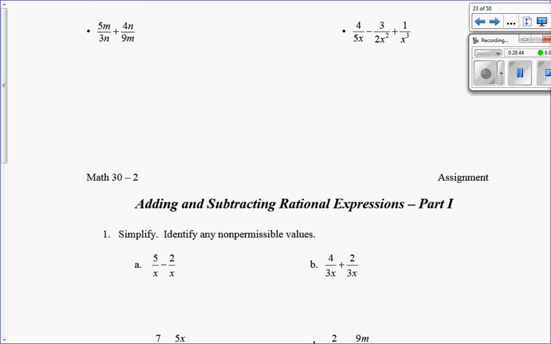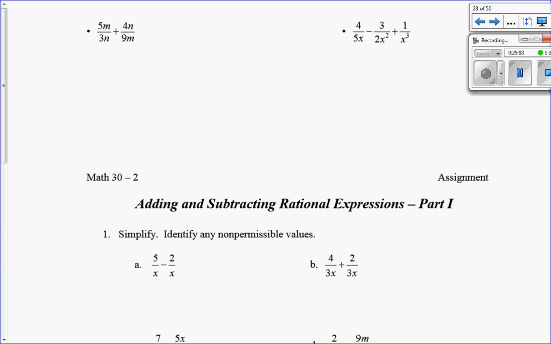Okay, the first one, I have a denominator of 3n on one side and a denominator of 9m on the other side. Okay, well, remember that the least common denominator has to be one that both 3n and 9m will multiply into.